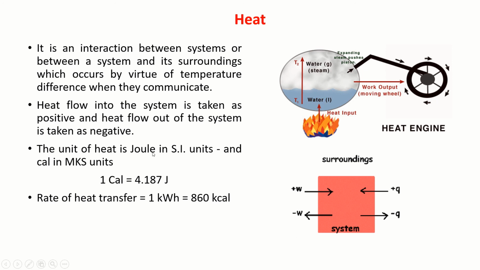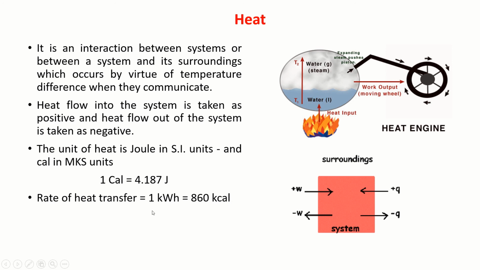The unit of heat is also joule. In the MKS system, you use calorie. We can convert: 1 calorie of heat is equal to 4.187 joules. So 1 kilowatt hour is equivalent to 860 kilocalories.